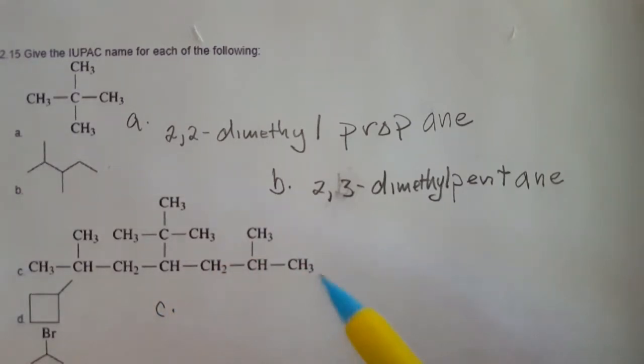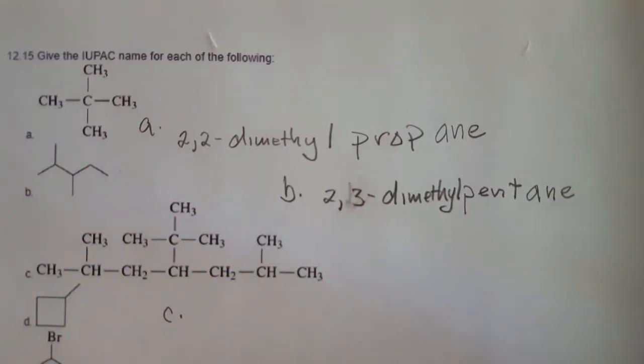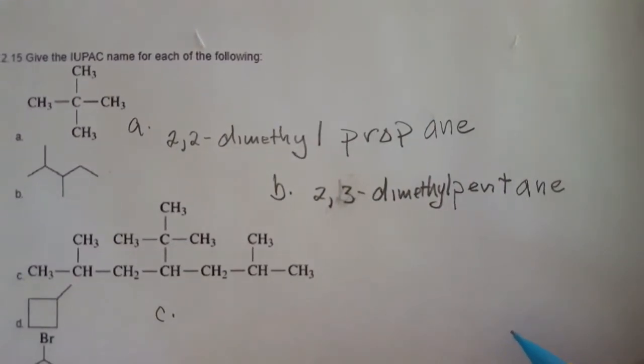C. Longest chain. 1, 2, 3, 4, 5, 6, 7. So it's 7. Again, it's going to end in ane. 7, so that's heptane. So this is a heptane.